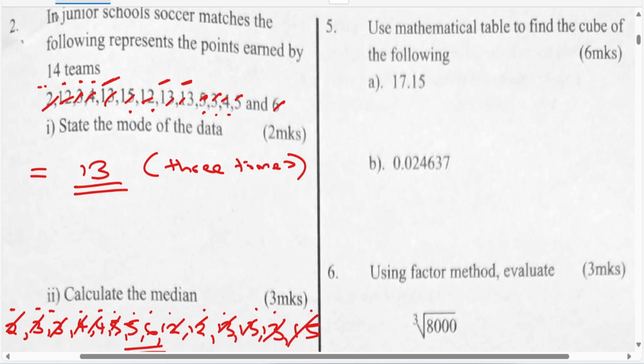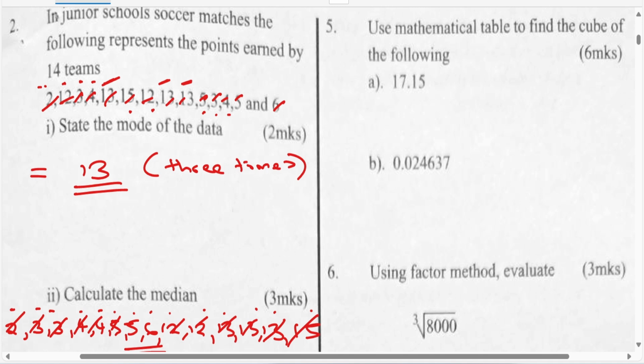So utatafuta cube ya hizo numbers. So kuna mathematical tables zingine ziko na cube root, hazina cube. Na kuna zingine ziko na cube, hazina cube root. So it depends on which you are using, but mostly I think you are using the cube tables.